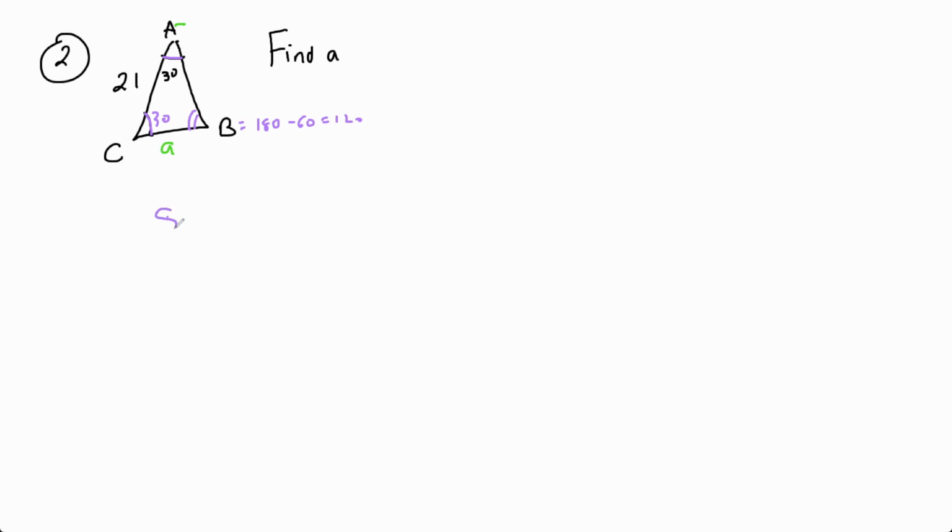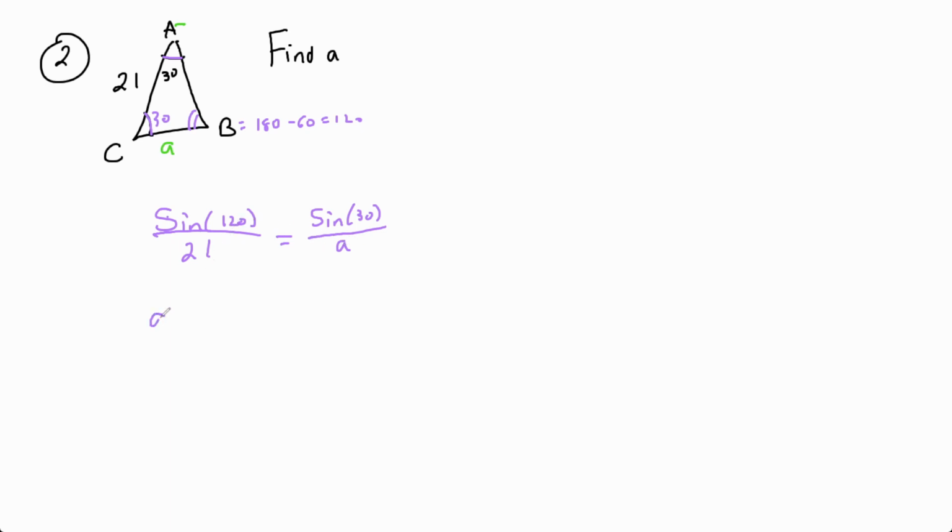So I can start by setting up my left-hand side, which needs two known pieces of information. This is going to be sine of 120 over 21 is equal to sine of 30 over little a. And just like in the last problem, it's going to be the same steps.